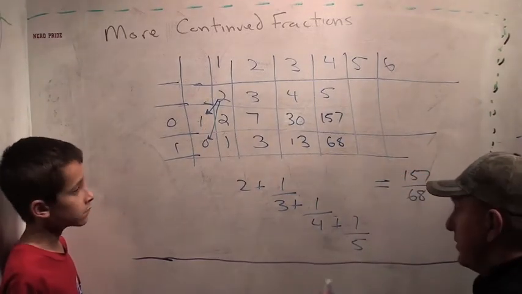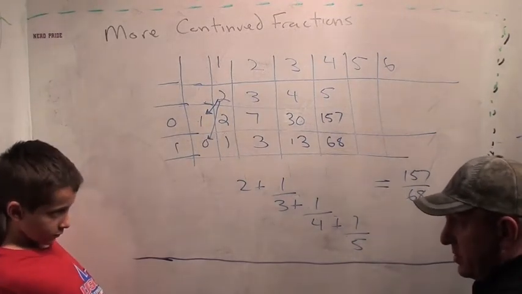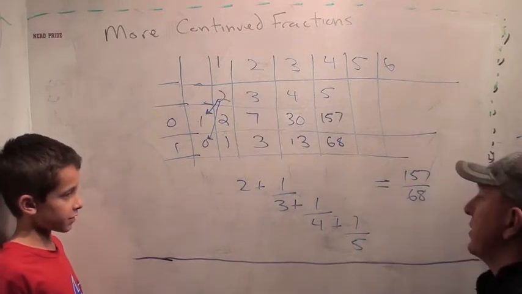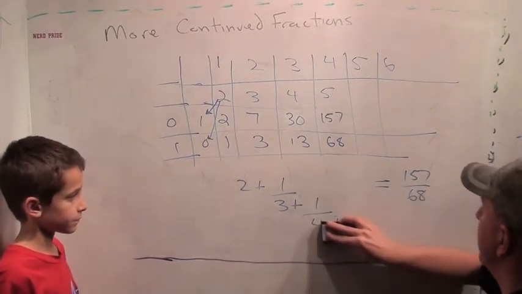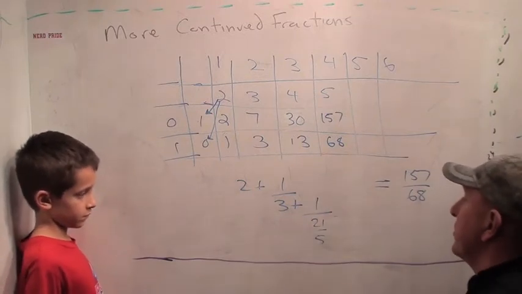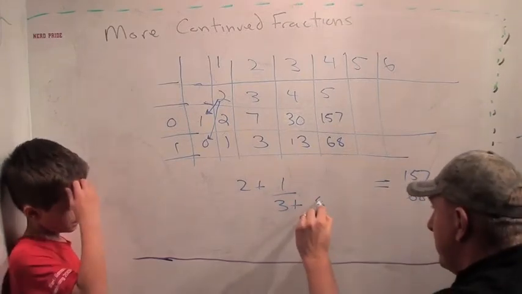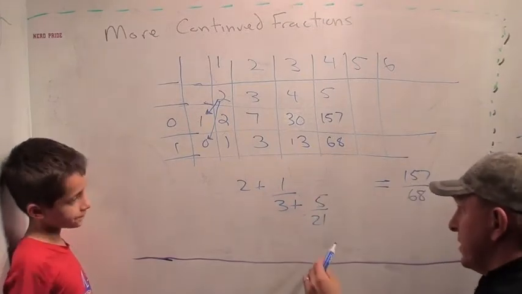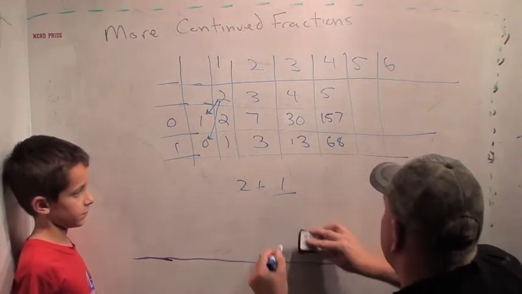Now, this would take a long time to evaluate, but let's do it real quick just to check. 4 plus 1 over 5 is 21 fifths. And what is 1 over 21 over 5? It's 5 over 21. This is going to be 63 plus 5, which is 68 over 21.